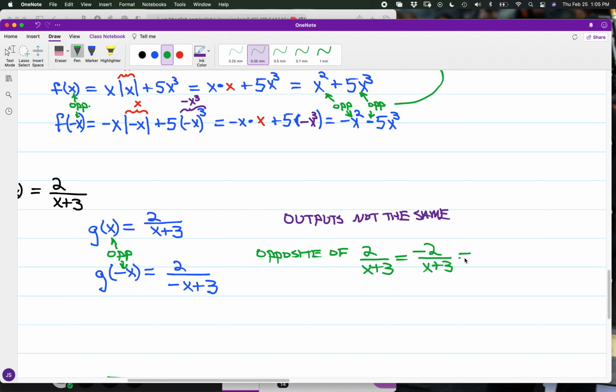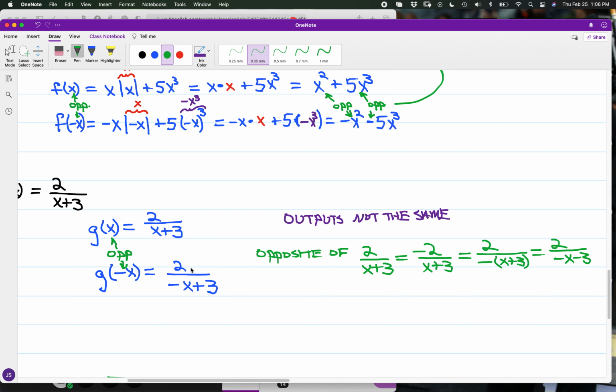But let's say I kept the 2 positive and shifted the negative over to x plus 3. So this would be 2 over negative x minus 3. And if you notice, 2 over x plus 3 and 2 over negative x plus 3 are not the same. And the opposite of 2 over x plus 3 is 2 over negative x minus 3.